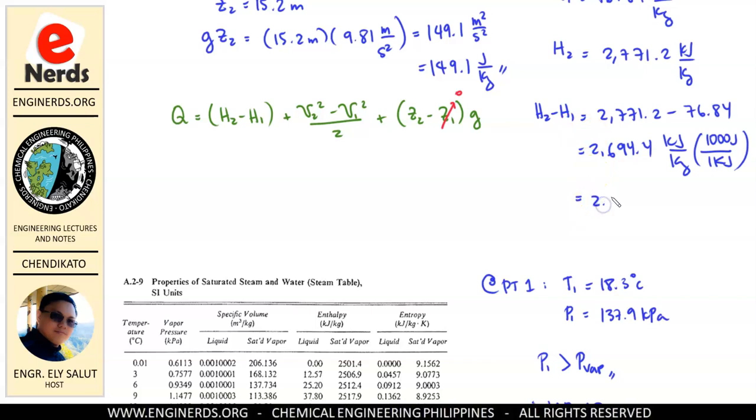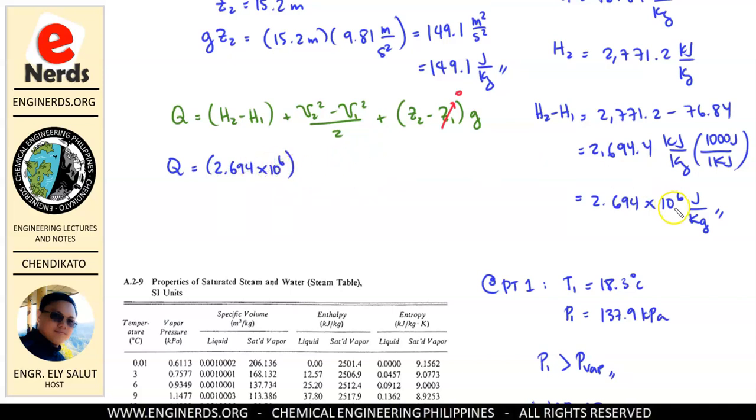So we have 2.694 times 10 to the 6 joule per kilogram. Okay, so meron na tayong difference ng H2 minus H1. So now let us substitute our values here. So our Q is equal to H2 minus H1, which is 2.694 times 10 to the 6.